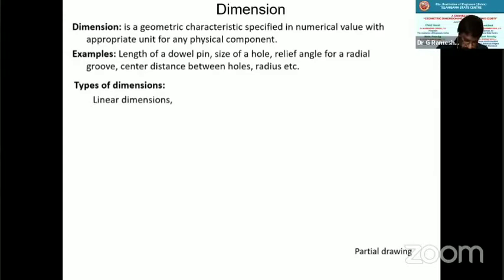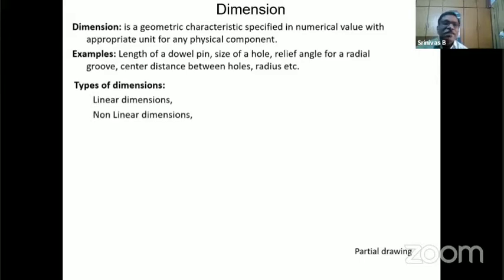Linear dimensions: any dimension specified in millimeters, centimeters, kilometers, inches, or thous are called linear dimensions. Non-linear dimensions are those whose units are degrees, seconds, minutes, or radians.